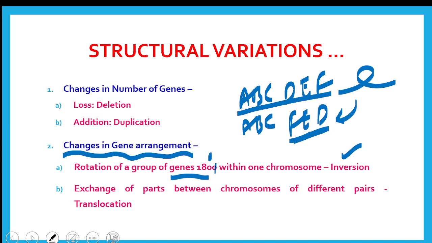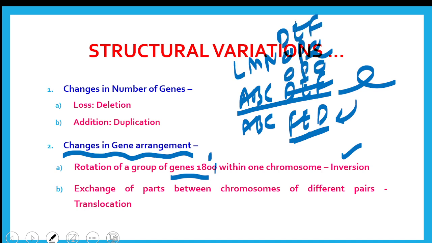Likewise, exchange of parts between chromosomes of different pairs is called translocation. There is another chromosome, LMNOPQR. Now what happens? This DEF is changed to this one, and OPQ comes here.